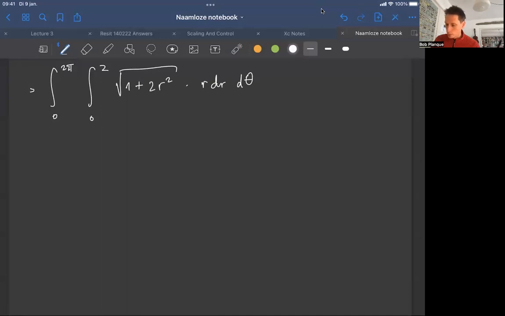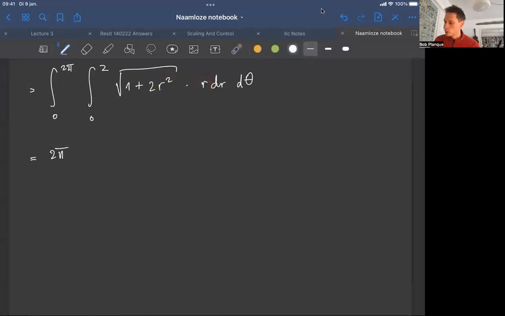This integrand again does not depend on theta, so I pick up a factor 2 pi.